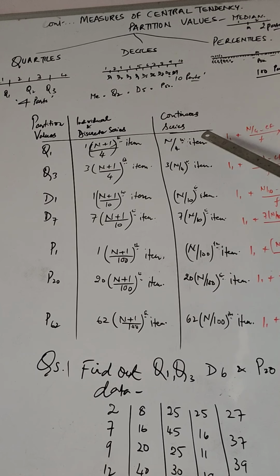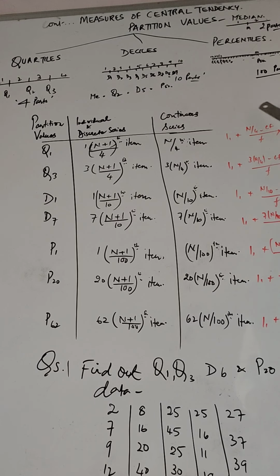Once you find that out, for the exact value you use this formula: L1 plus n by 4, which you worked out, minus CF, the previous cumulative frequency of the given class, divided by f, into I. Exactly the way we do the median.